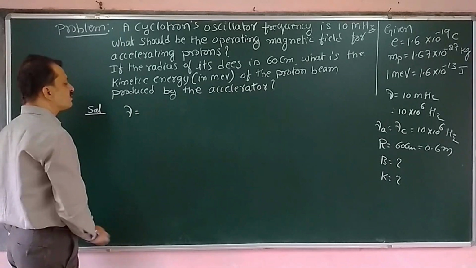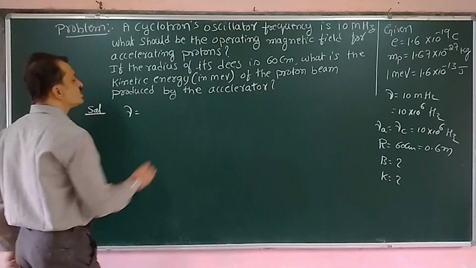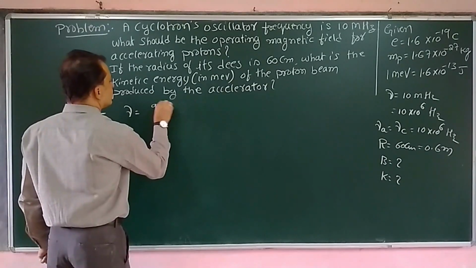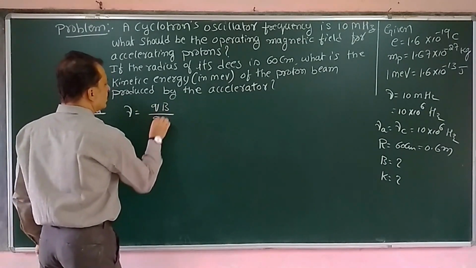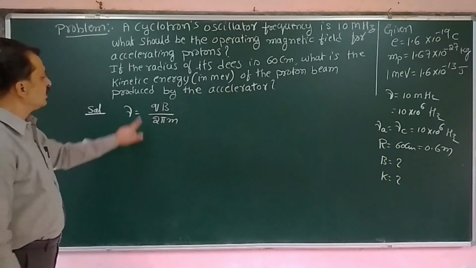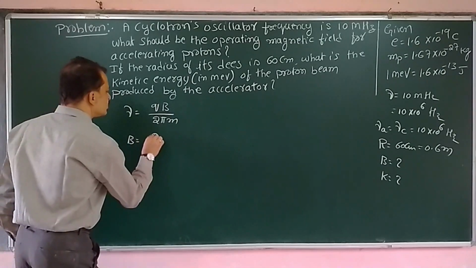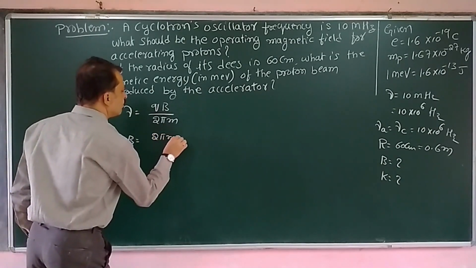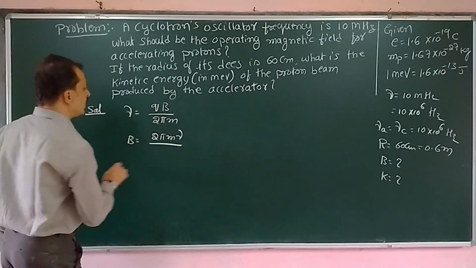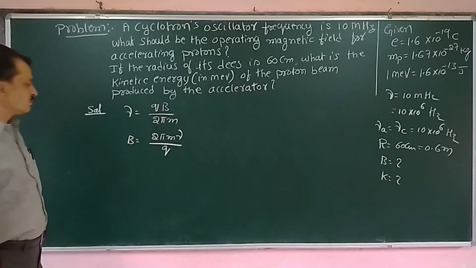The frequency of revolution of a charged particle in the presence of a magnetic field, nu, is equal to QB divided by 2 pi m. From this, the magnetic field is 2 pi m nu divided by charge. We get the expression for the magnetic field.